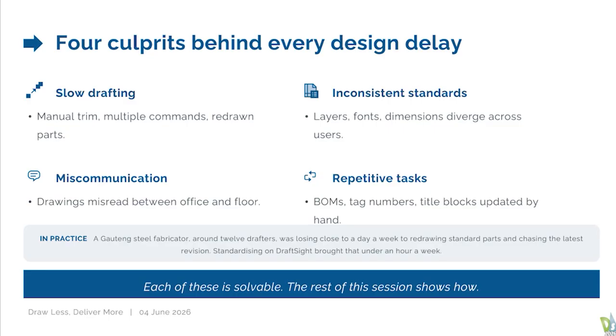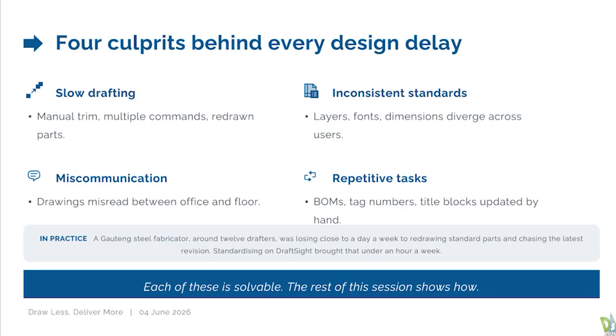Say you're a team of four engineers, and your star designer has the best setup ever, while your other draftsmen are just in the shadow. When drawings get shared amongst the team and the standards are not the same, a lot of rework has to be done to ensure those drawings are up to standard. And there's also miscommunication, where drawings are misread between the office and the floor, and then repetitive tasks like your BOMs, your tag numbers, etc.